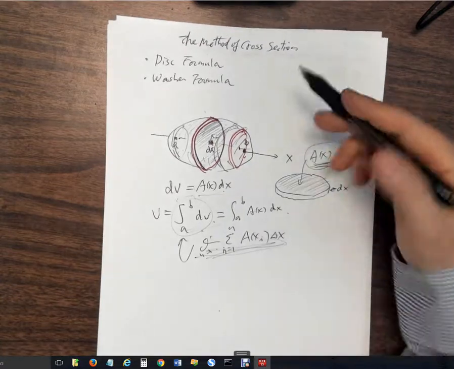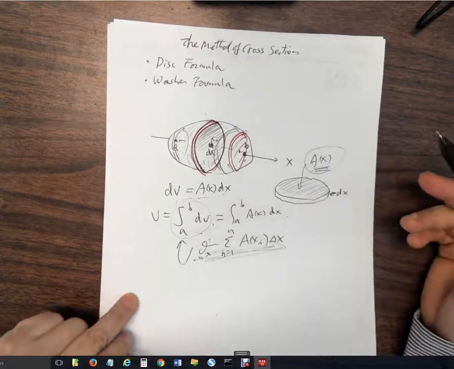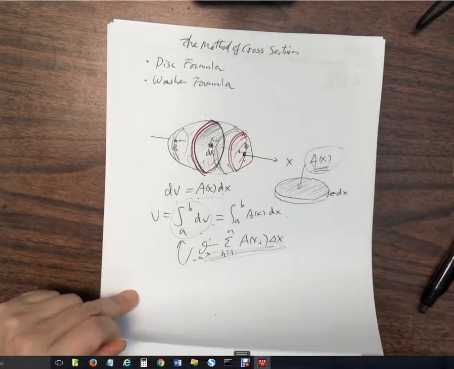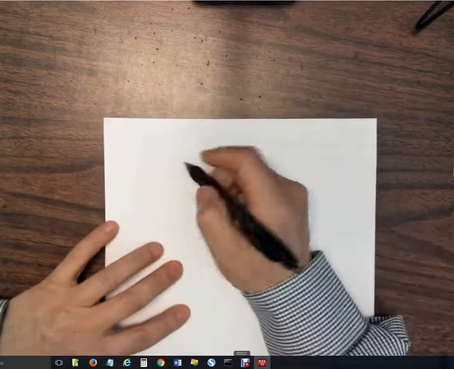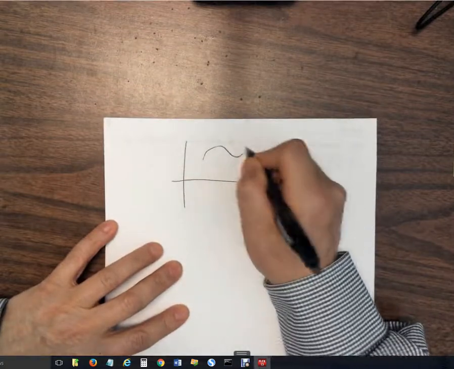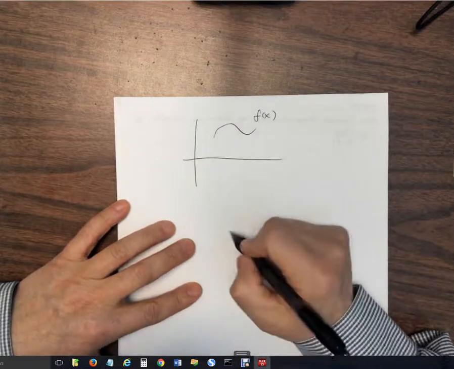Well, in this section though, we're going to use the method to consider a special solid. It's called the solid of revolution. Let's consider a function with the graph shown here.